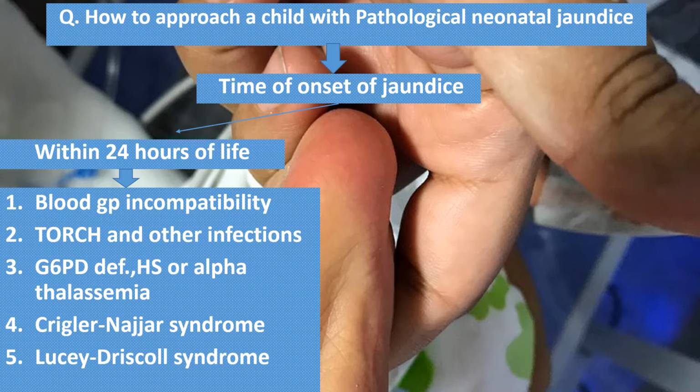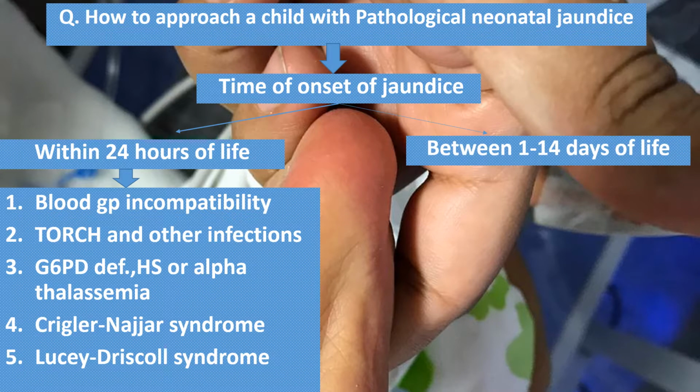If it is not there, then you have to find out other causes, for example G6PD deficiency, hereditary spherocytosis, alpha thalassemia. And if there is no evidence of hemolysis and infection, then you have to work up for Crigler-Najjar syndrome, Lucey-Driscoll syndrome. So these are the common causes present within 24 hours of life.